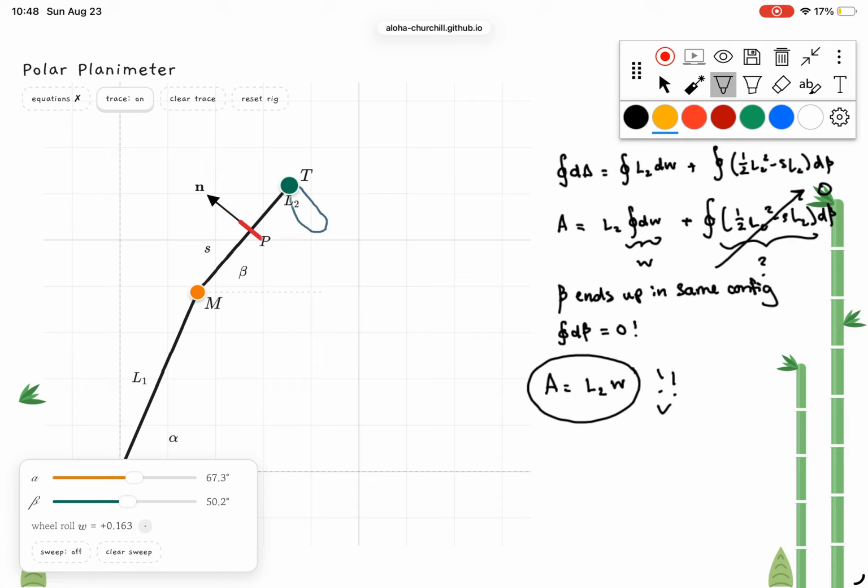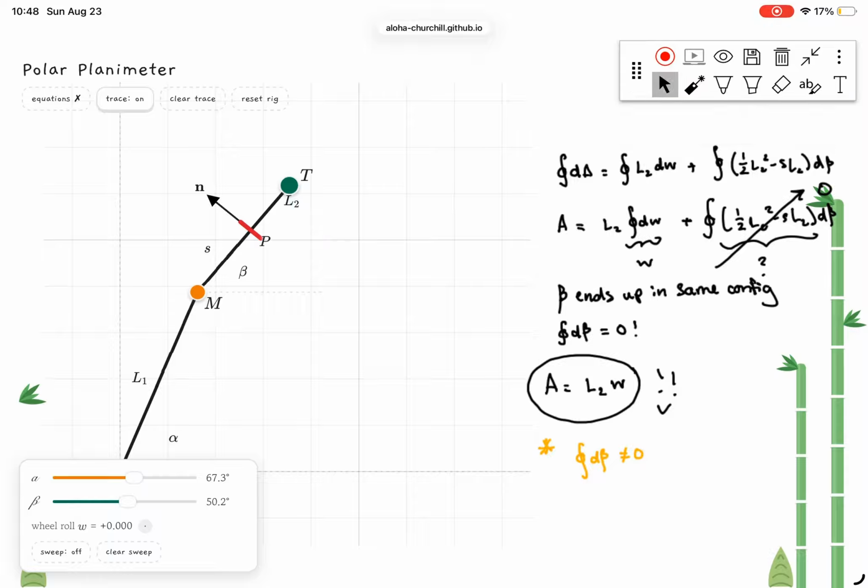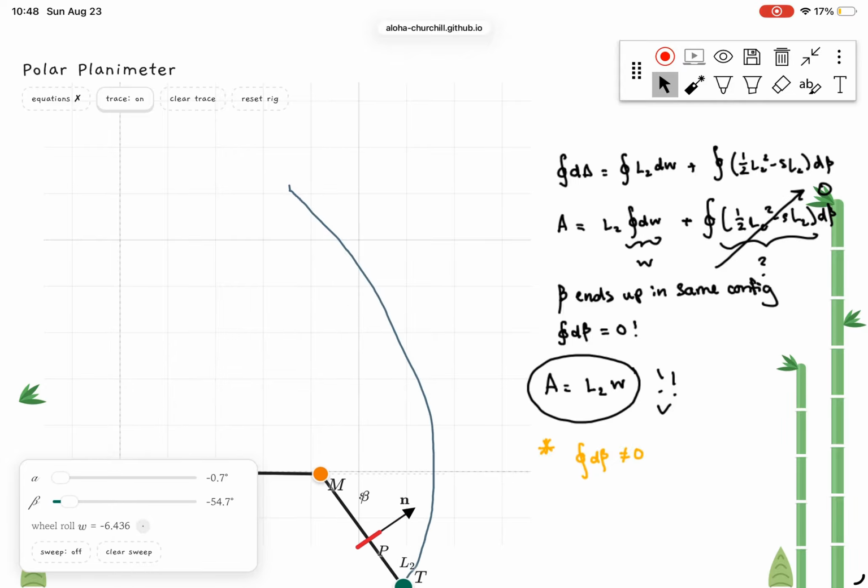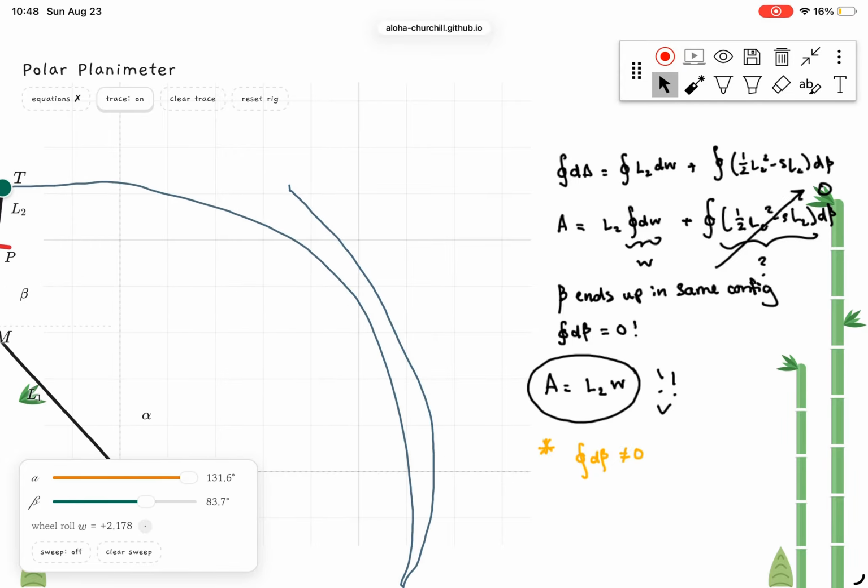Now there is one special edge case to keep in mind, and that is what happens if the planimeter anchor point sits inside the shape we're tracing. So when the arm loops completely around the anchor point, which I can't quite show here, it sweeps out a full 2 pi radian circle.